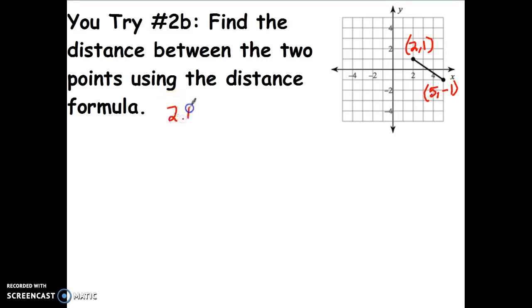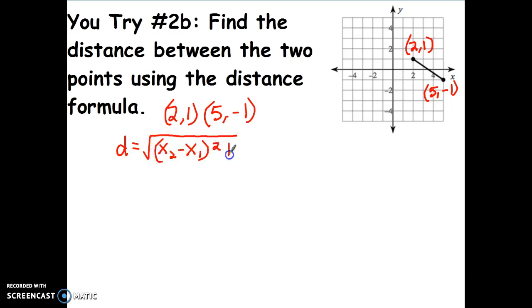Okay, so I'm just going to write them down. (2, 1), (5, -1). Okay, write down our formula. Oh, label our ordered pairs. x1, y1, x2, y2.